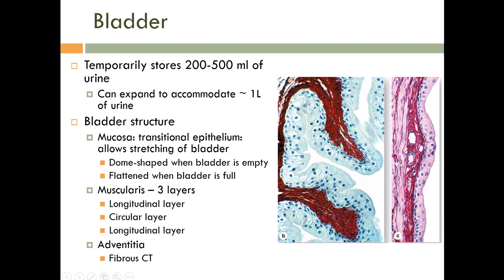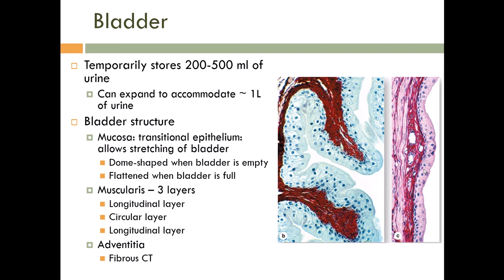But when the bladder is really full, the folds straighten out, and the transitional epithelium tends to flatten out as well, and so we're able to actually hold more urine than we otherwise would be able to without the folds in the walls and the transitional epithelium.